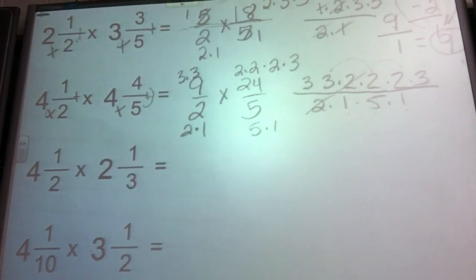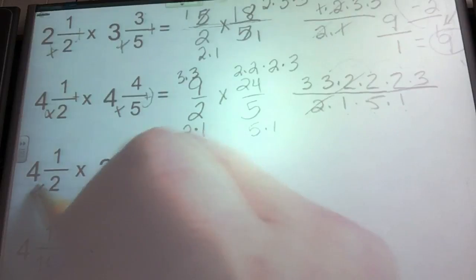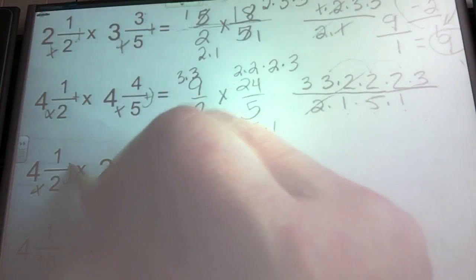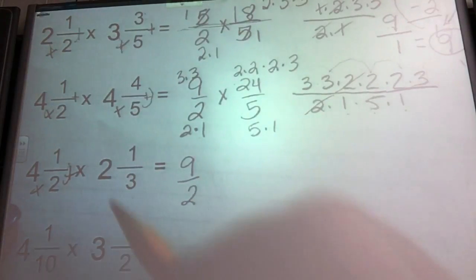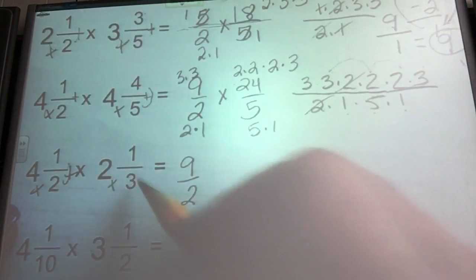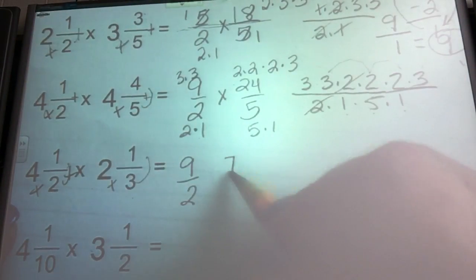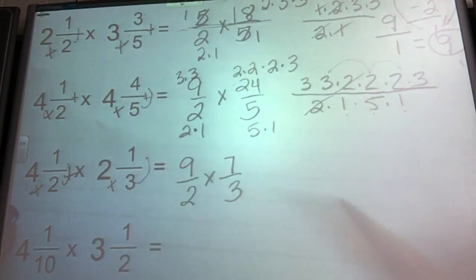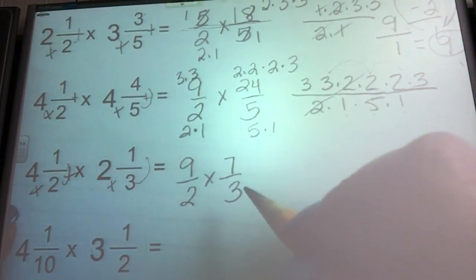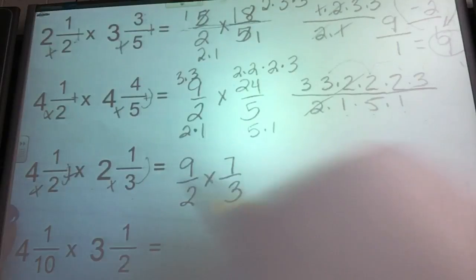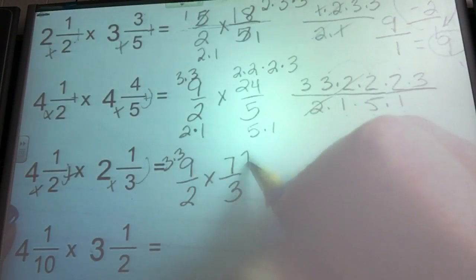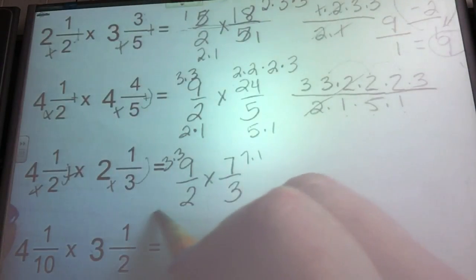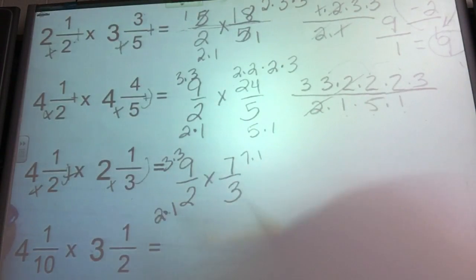Give you one more. 4 times 2 is 8, plus 1 is 9 over 2, because we keep the denominator the same. 2 times 3 is 6, plus 1 is 7, 7 over 3. Factoring 2 is 2 times 1.